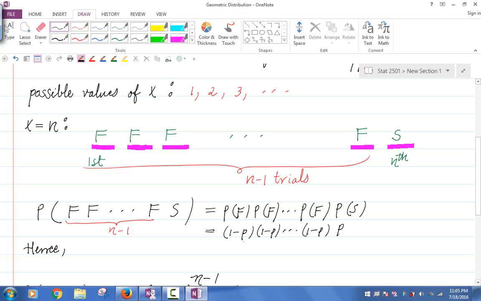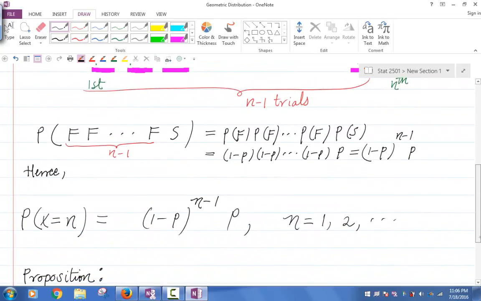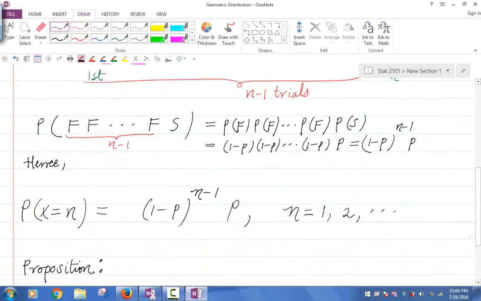There are n minus 1 factors. Each of the first n minus 1 factors here is 1 minus p, so this is equal to (1 minus p) to the n minus 1 times p. Hence the probability that X is n is (1 minus p) to the exponent n minus 1 times p, and here n could be any positive integer.